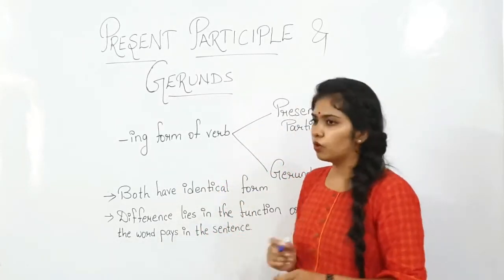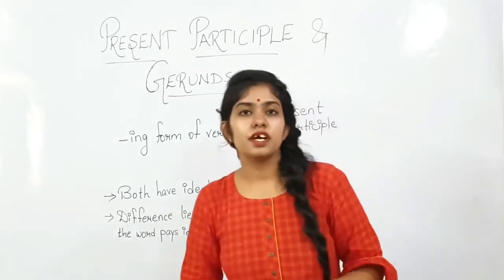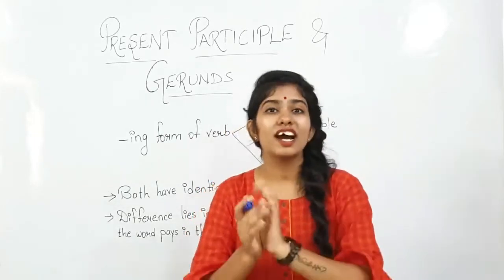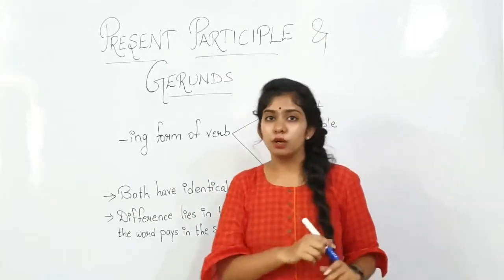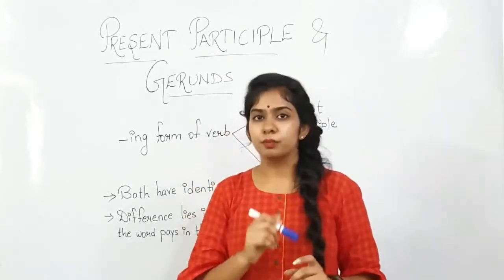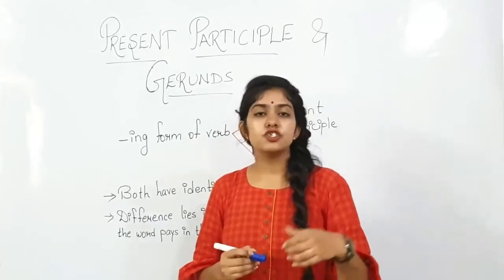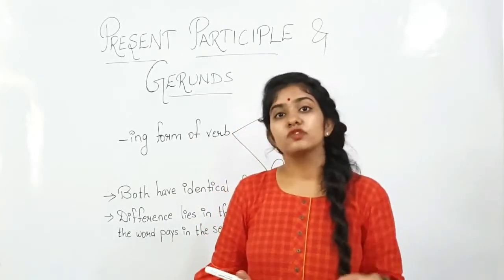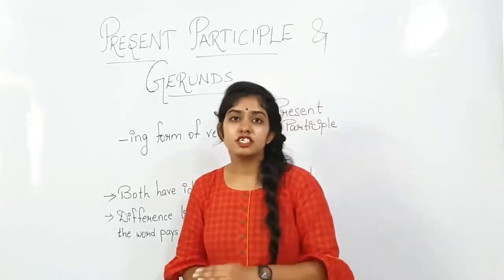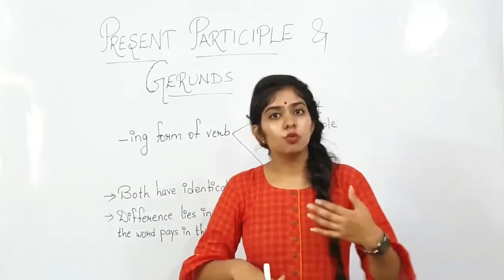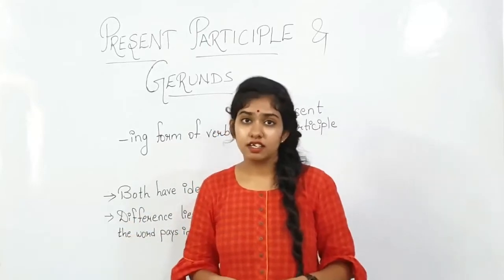Okay? Now, as you know that in present participle and gerunds, we are having the ing form of the verb. What do you mean by verb then? Verb is an action word. Whatever the actions you do or I do, that will come under actions, such as cooking, listening, jumping, walking, dancing, right?